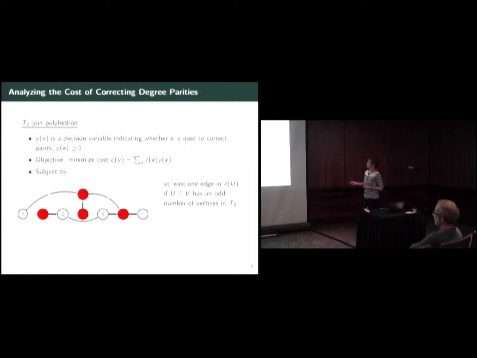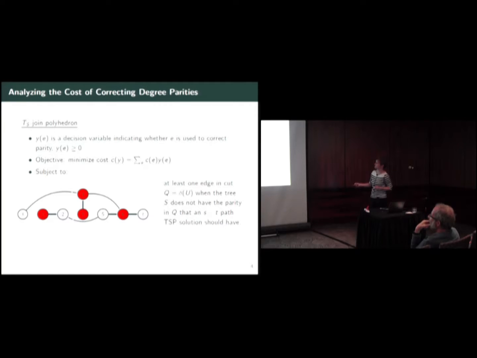Another way of saying that you need at least one edge out of a set of vertices that had an odd number of vertices in T_S, you can say, well, if you think about a set of edges, Q, which is a cut in the graph, if the tree S does not have the parity in that cut that an ST path solution should have, then our T_S-join should cross that cut.